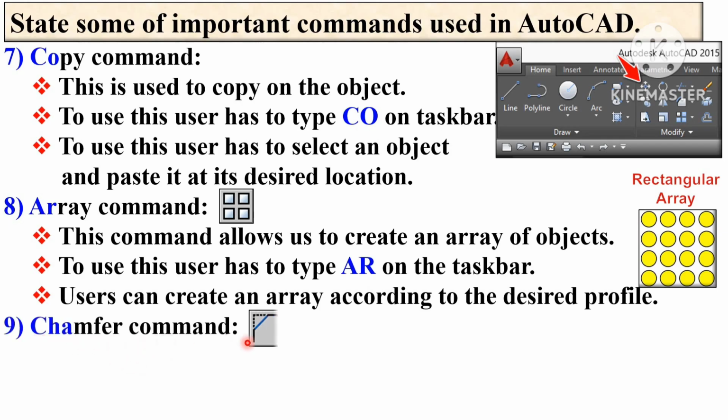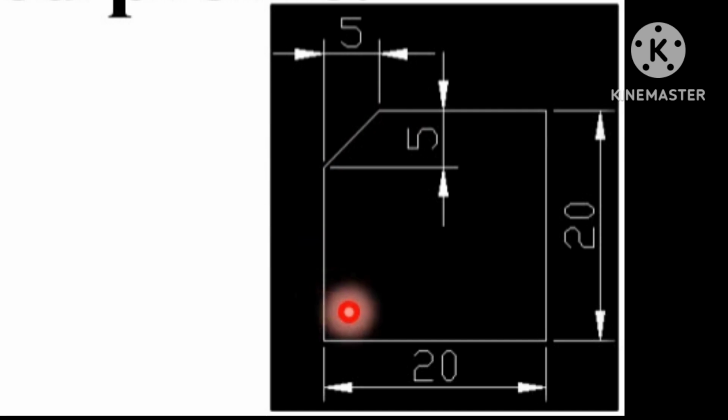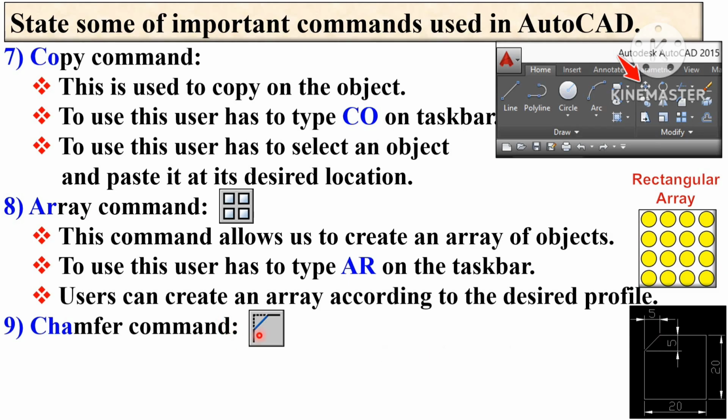Next, the last one, the chamfer command. This is the symbol of the chamfer command. If you have drawn a square or a rectangle, but you want to make a chamfer on a particular corner, at that time you can use the chamfer command. The symbol itself indicates you can cut the sharp corner by using the chamfer command.